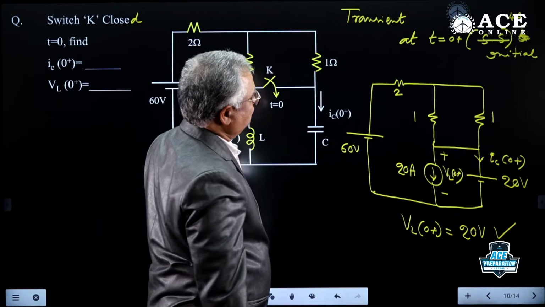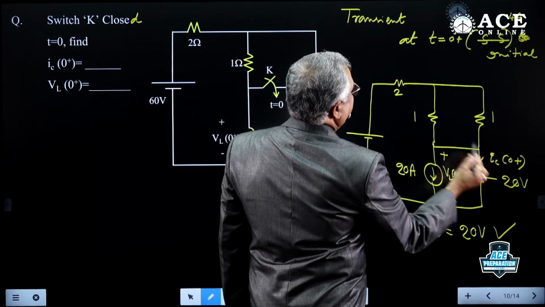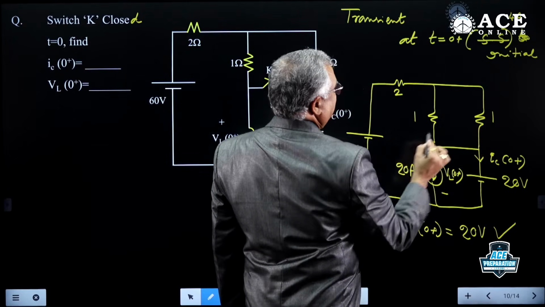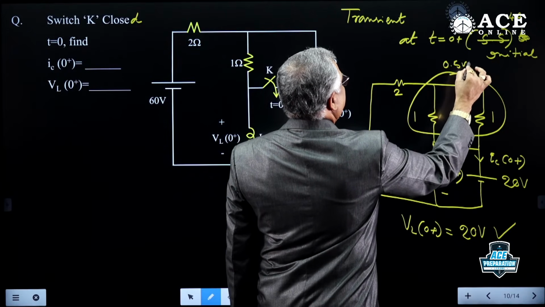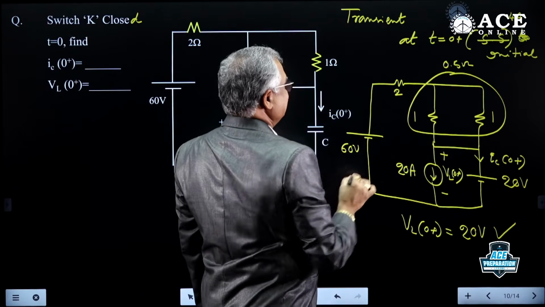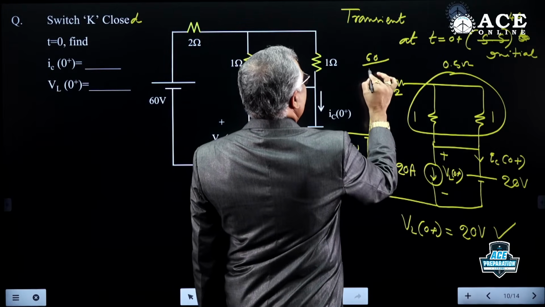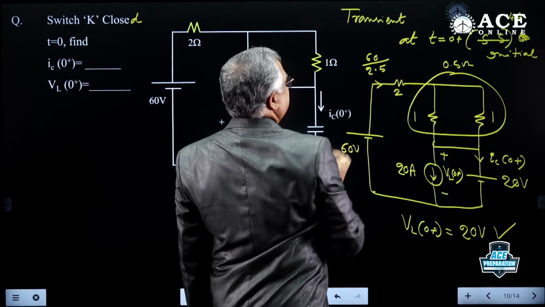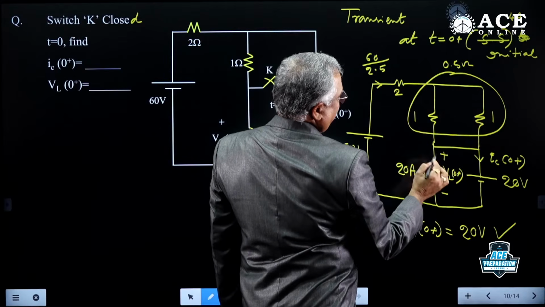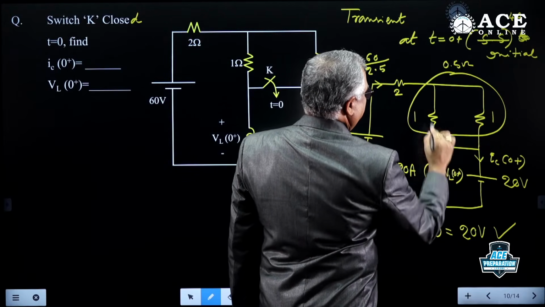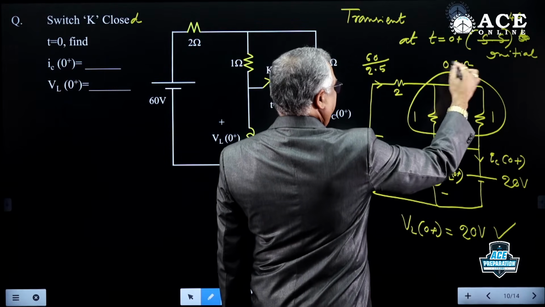Next, IC(0+). This current is 20, and this current we have to find. But the 2 and 1 are in parallel. What is this equivalent? 1 parallel is 0.5. 2 and 0.5 in series. So what is the total current here? 60 by 2.5. The net current flowing through this is also the same.